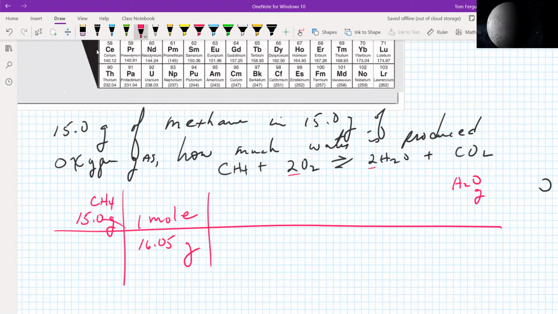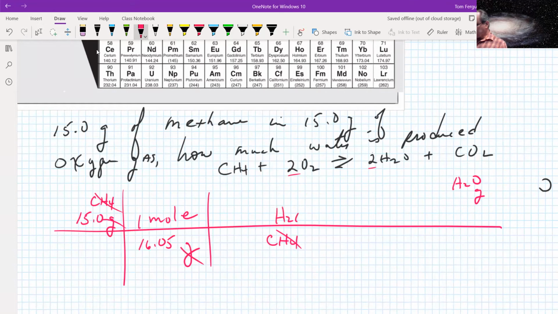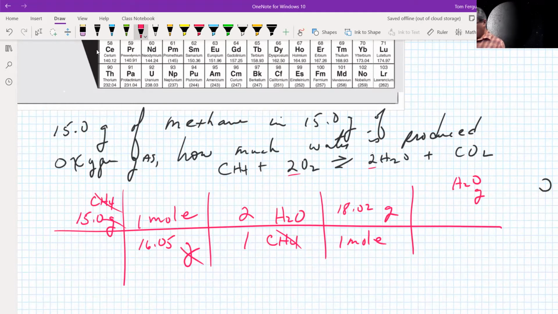Carbon's 12.01, 4 hydrogens are 4.04, so we have 16.05. Okay, grams cancel now. From the balanced equation, we have CH4 in the bottom, so it cancels, and water on top. Now we're going from moles of water to grams of water. So that's 18.02, yeah. Moles cancel.